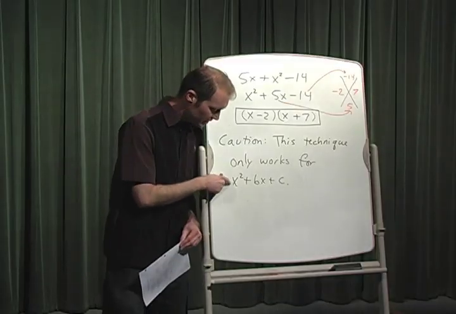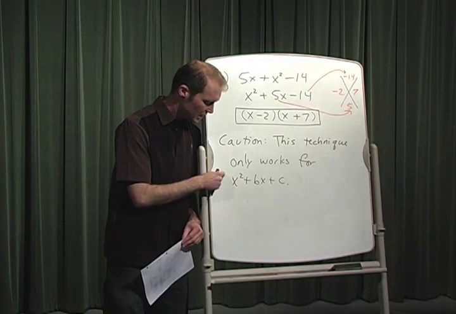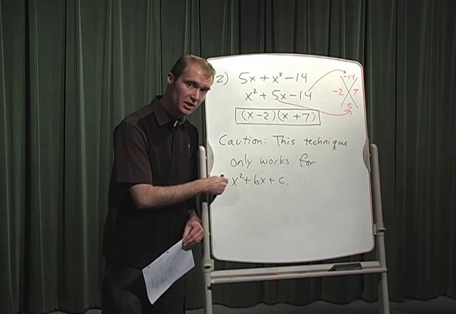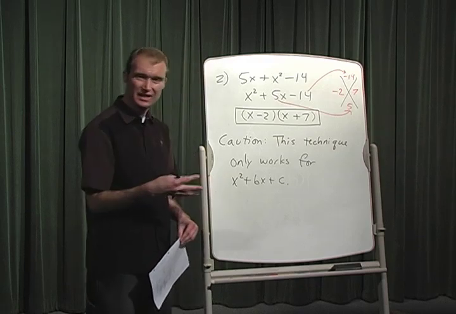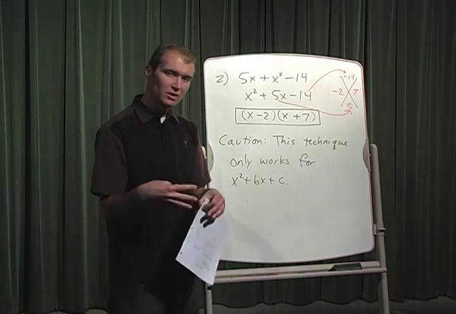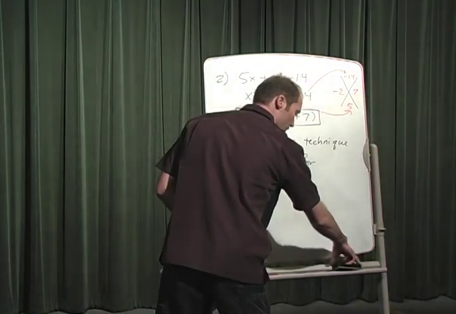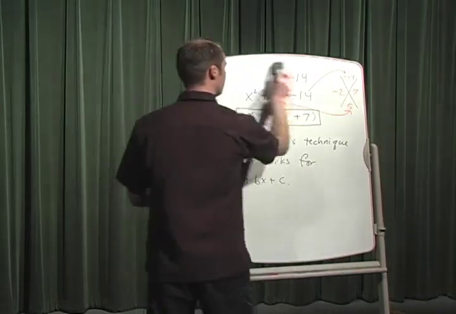If you happen to have something here, say a 2 or a 5, some coefficient to the x squared besides 1, then this technique doesn't work. We're going to have to do something different. Let me go ahead and do our final problem.